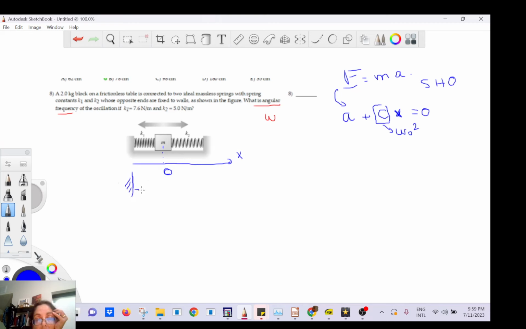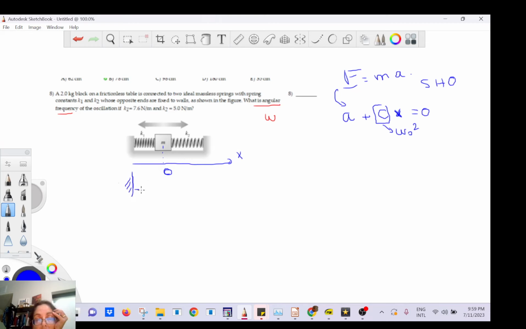So anyway, what you see is that here you have two forces. You have the force from this one, F1, because it's been extended, so it wants to bring it back to the initial position, and you have F2 from that one here.